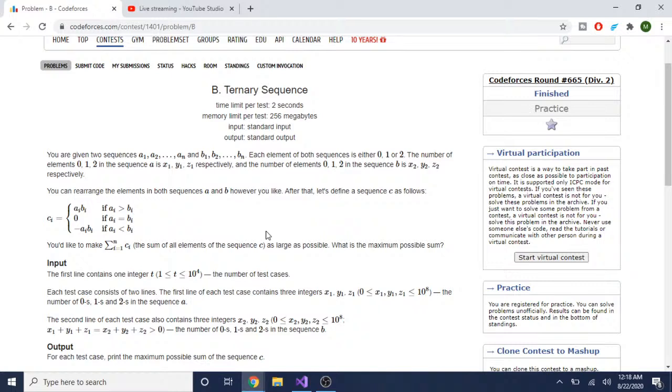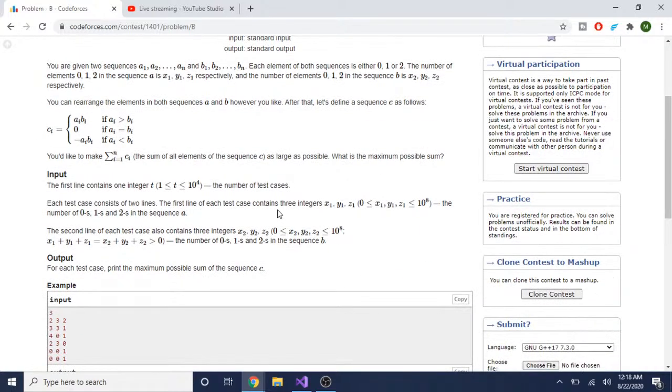You're multiplying them: if A of i is greater than B of i, you multiply, if they're the same it's 0, and if A of i is less than B of i, you multiply and make it negative. We want to sum them all up as large as possible. What is the maximum possible sum?